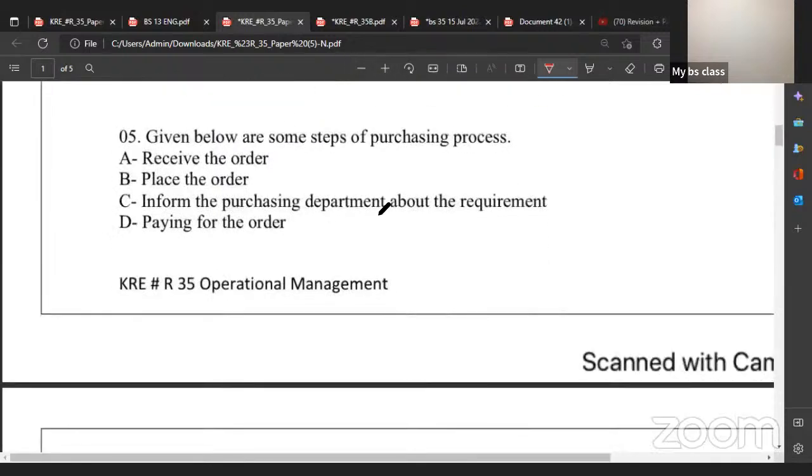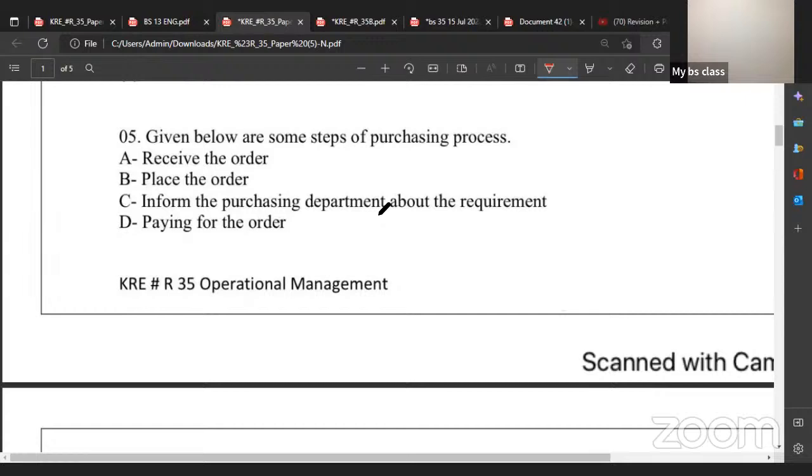I think you have to first inform the purchasing department about the requirement, right? Because when you come to a large organization, they have a separate department called the purchasing department, and there will be a purchasing manager as well. The thing is, first you see the requirement.